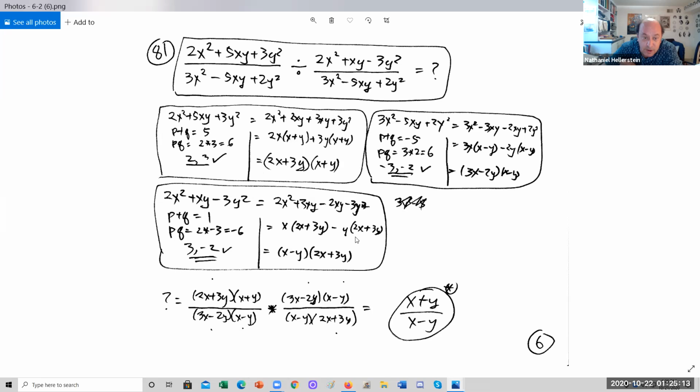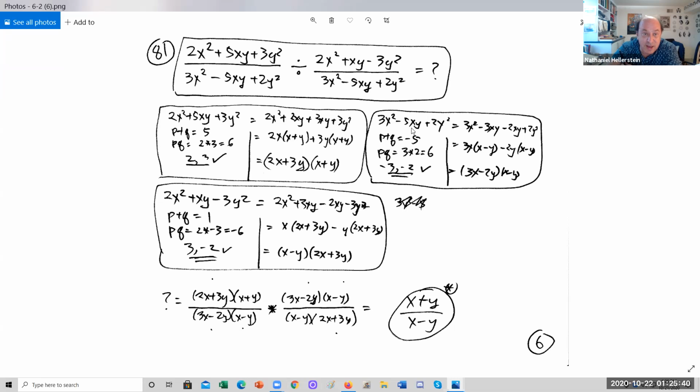Okay, this one I didn't redo, so here we go. 2x squared plus 5xy plus 3y squared over 3x squared minus 5xy plus 2y squared, divided by 2x squared plus xy minus 3y squared over 3x squared minus 5xy plus 2y squared. Each one of these four things we have to factor by the AC method.